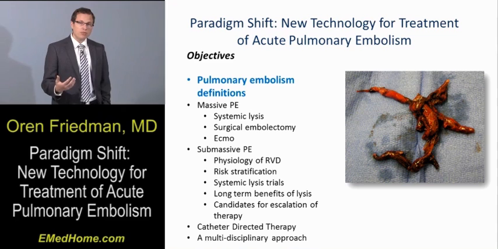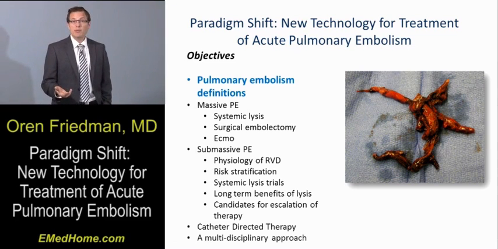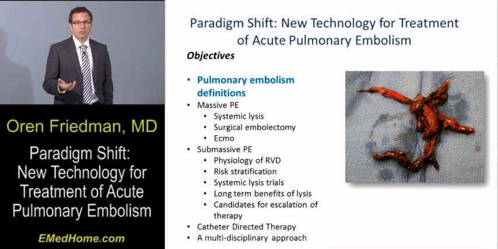And also in the patient population group in which you think that there's simply high risk in general towards further clinical deterioration, and maybe you also think that they're high risk for bleeding. In those particular patients, they also would benefit from catheter-directed therapy.